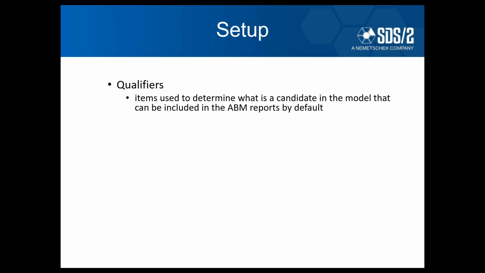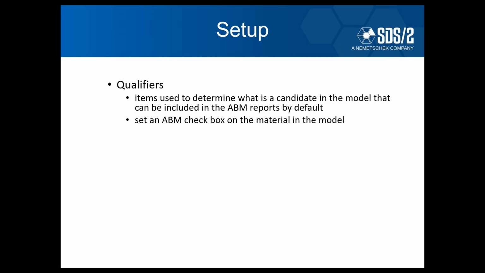I'll demonstrate all of this and show you what that exactly means, but we call it a qualifier for a reason, because it's a candidate to be in the ABM. There are other options or selection methods that we can still use to exclude it from the ABM.